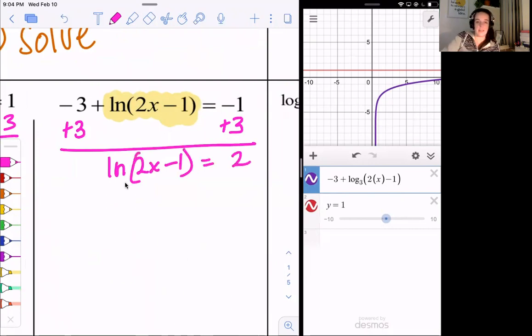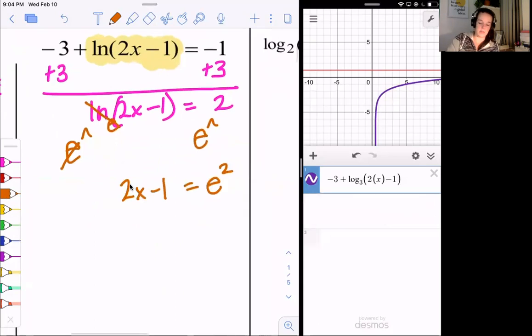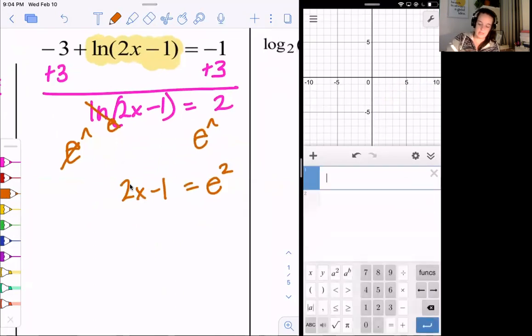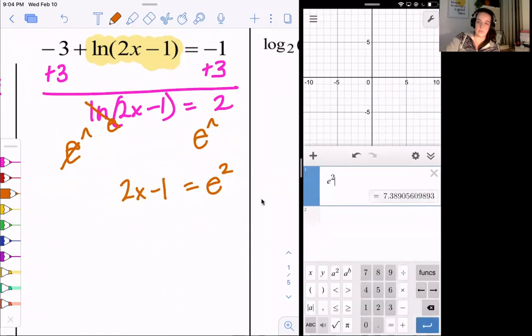And then I have to think, what is the base of the natural log? The base of the natural log is e. So when I exponentiate, I'm going to do e to the power of this equals e to the power of that. So e to the power of this cancels with the log, leaving me with 2x minus 1 equals e squared. Remember, e squared is just a number, so we can go to our calculators and calculate e squared, 7.38.